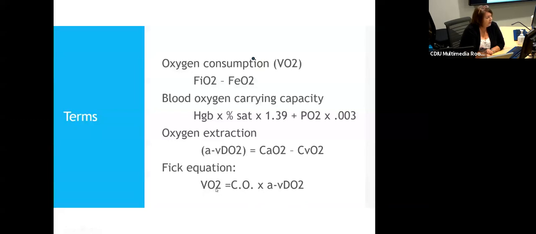Or conversely, I can measure what my VO2 is in lots of different ways, measuring what I breathe in, what I breathe out, plugging it into an algorithm. I can measure what my AVO2 difference is, and therefore I can calculate out my cardiac output.